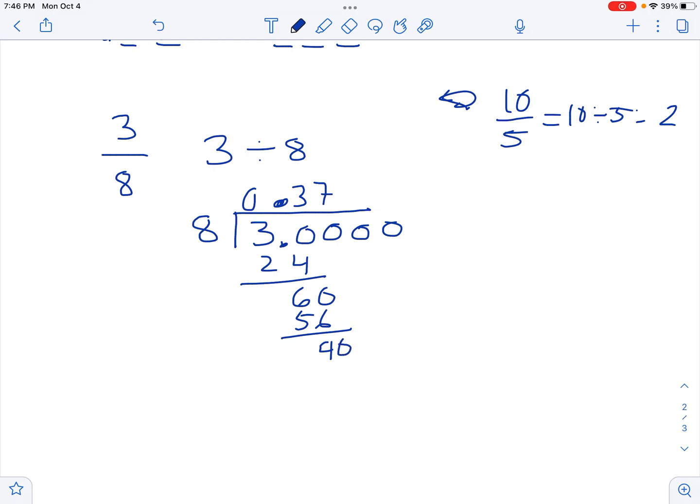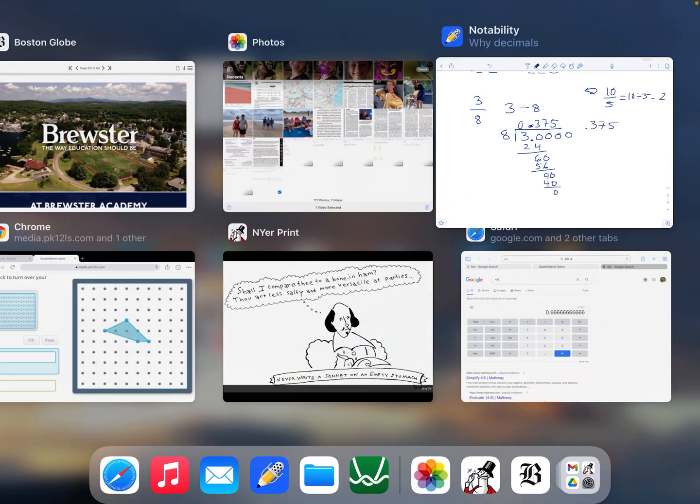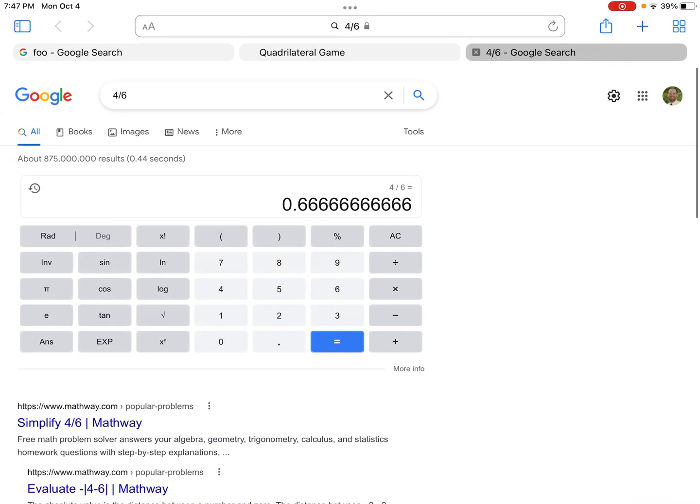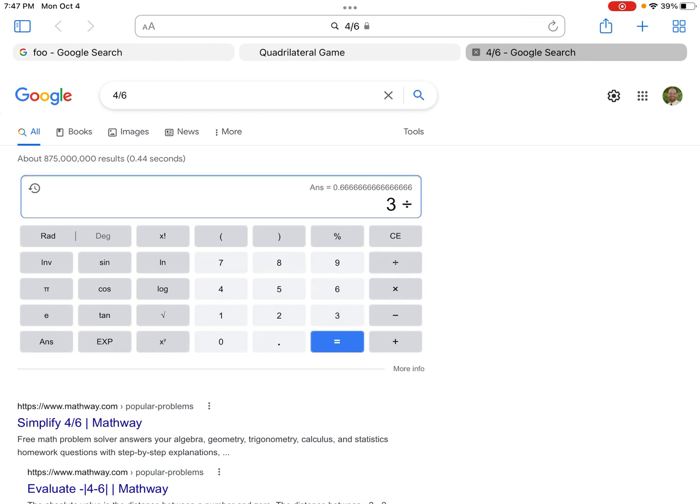And then bring down the 0. 8 goes into 40 5 times. 5 times 8 is 40. There's no remainder. We're done. 0.375. Okay. And I just want to show you that if I did that on a calculator, I'm going to go to Safari, and I'm going to do 3 divided by 8, and I get 0.375, just to show.